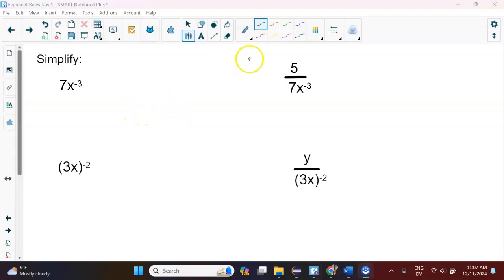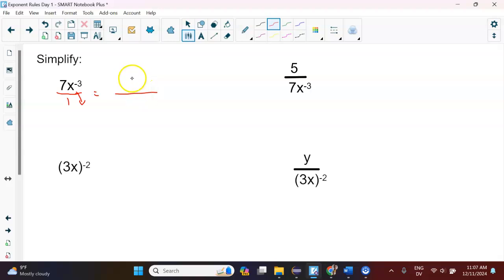Okay, so hopefully you got a chance to try these. Looking at this first one, I always write it over 1. And what happens here is I'm going to move the negative exponent down to the denominator. Based on what we talked about earlier, this negative 3, if there's no parentheses, applies only to the x.